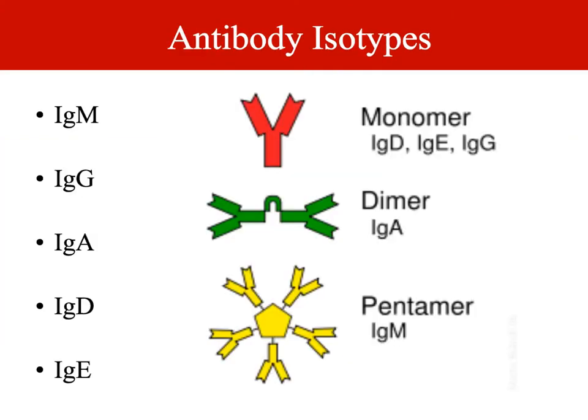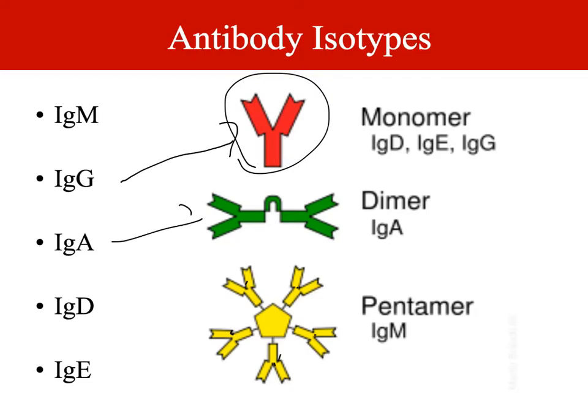Okay, so antibodies are not one single type of molecule. They come in 5 different flavors. We have IgM, which is actually a pentamer of 5 separate antibody molecules. We have IgG, which is the diagram that we all sort of think of when we think of antibodies, this Y-shaped diagram.